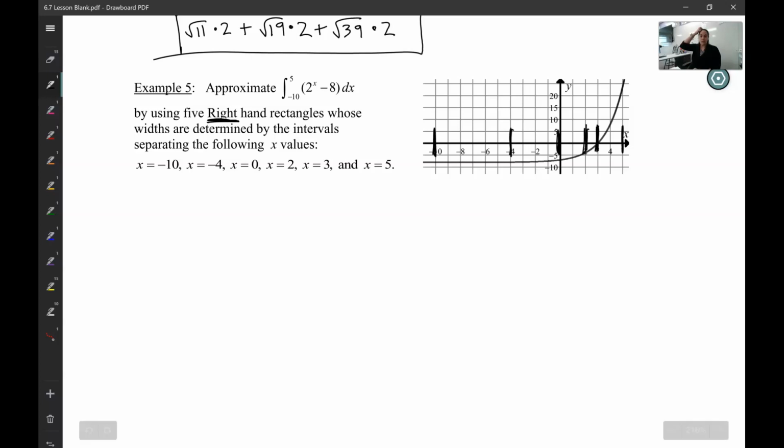So what I would like you to do is pause the video, try to apply everything we've learned to find this right Riemann sum. And remember, this one has an equation, so you're going to find your right-hand values right here and actually plug them into the equation to find what the height of your rectangle should be. So pause the video, try that out, and then come back and check to see how you did.